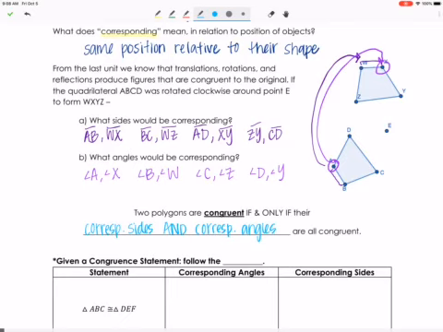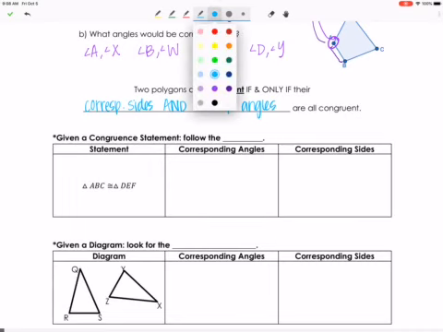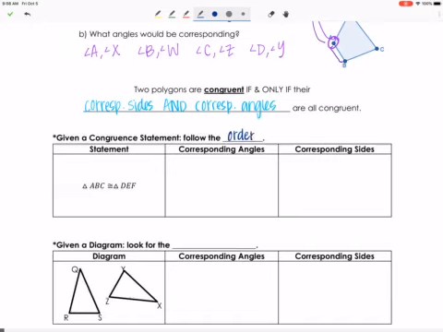All their corresponding sides and all their corresponding angles have to be congruent to each other. So there are two different ways you can be told that two figures are congruent. One of which is if you're just given a congruency statement. If we're given a statement, you just need to follow the order of the way the figure is written. So the order indicates what parts should be corresponding and therefore congruent.